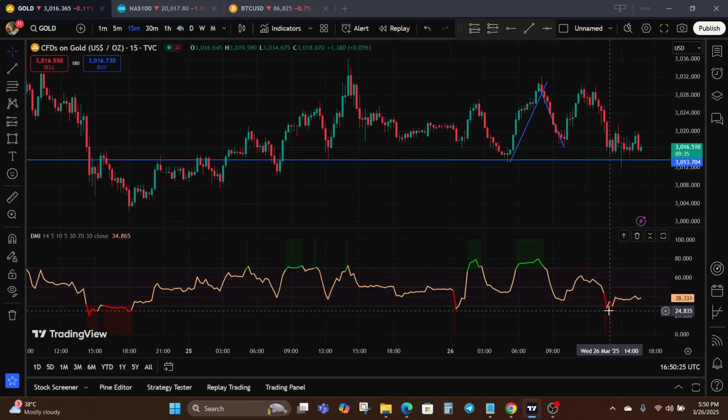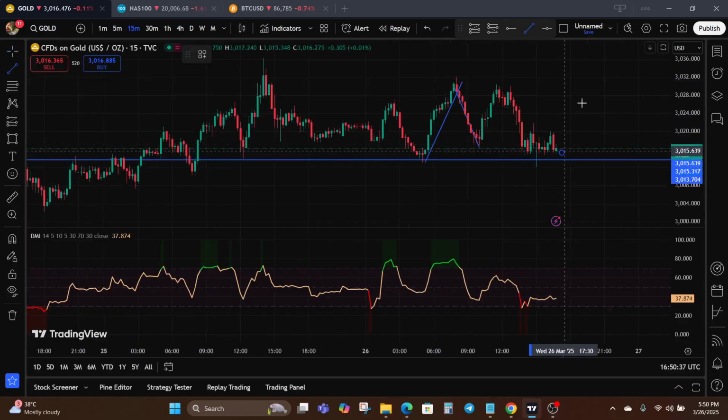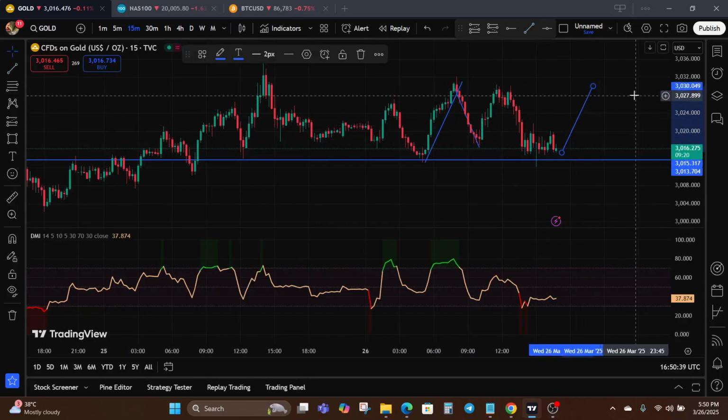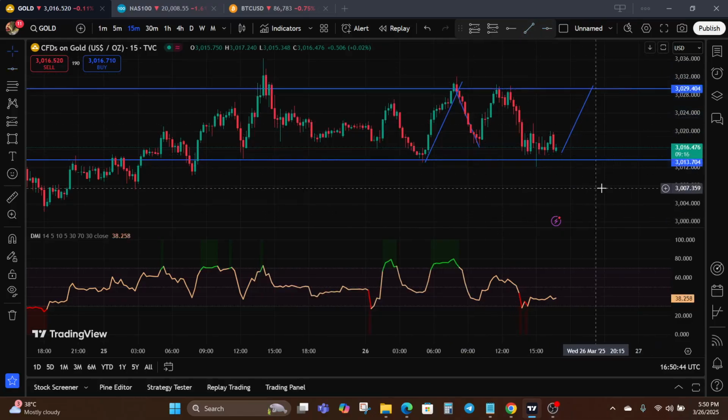It actually entered the oversold zone and then just rose above it a little. This suggests that price may be due for a move to the upside, at least to the next major resistance.